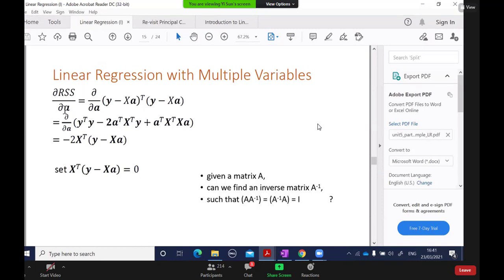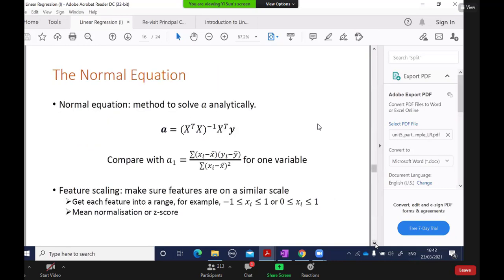After we calculate the partial derivative, we set it equal to 0. We cancel -2 on both sides, and then that is what we get here. The aim is to calculate A, the coefficient vector. How do we get it? That is the final result here.